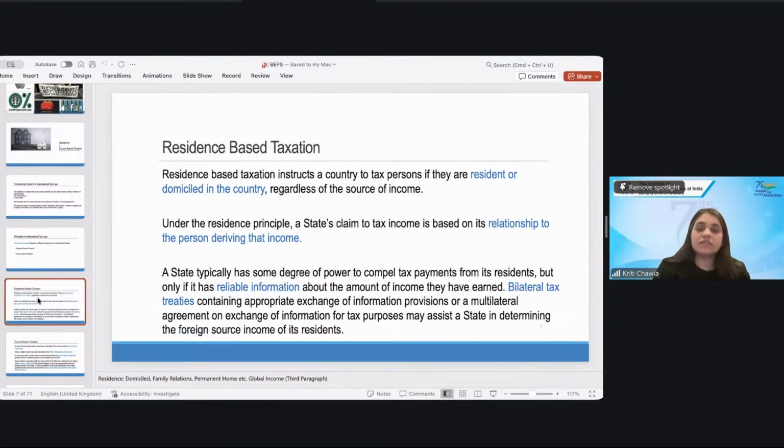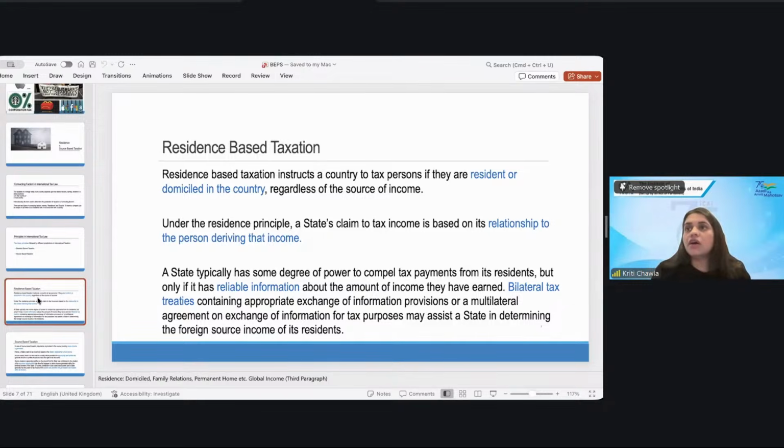So under the residence principle, a state's claim to tax income is based on its relationship to the person deriving that income. Now, a state can typically have some degree of power to compel tax payments from its residents. But what is very important is that it should have reliable information about the amount of income they have earned.